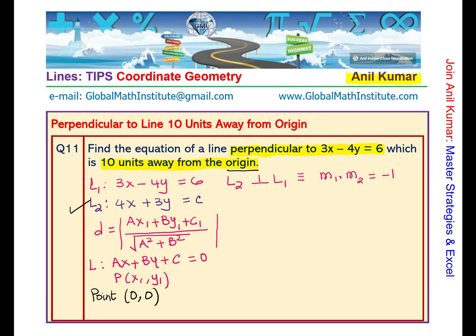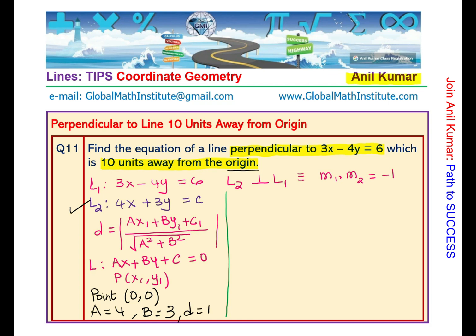And the point is also known to us, which is 0, 0. So x1, y1 are 0, 0, and the values of a and b are what? The value of a is 4 and b is 3, correct? So we're going to substitute these values. And we know the distance which we want to find, d, is 10.